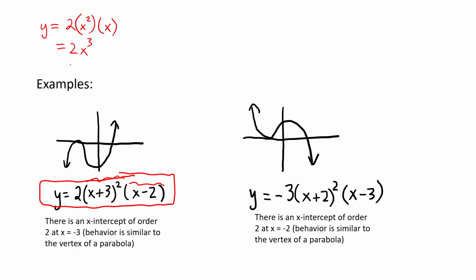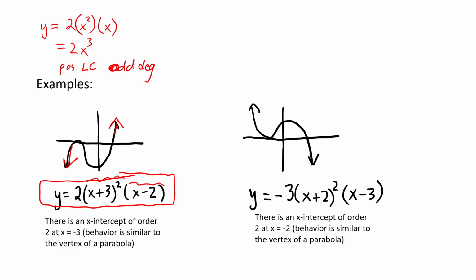So based on information in our previous slideshow, we would say that means that we have a positive leading coefficient with an odd degree. Now, whenever we have a positive leading coefficient with an odd degree in a polynomial function, we know that the end behavior is like this.